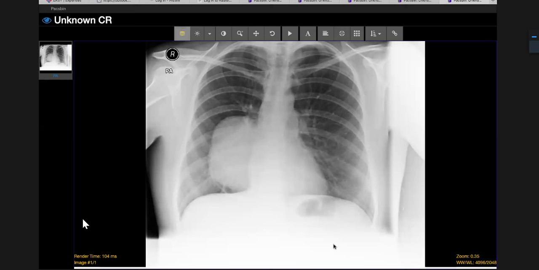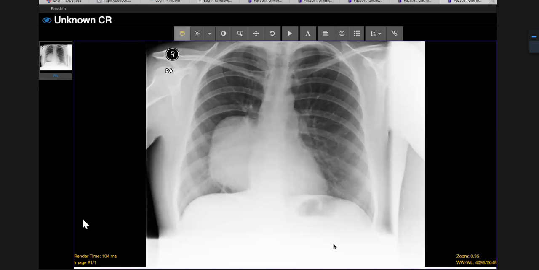About this mass, it looks like it is in the posterior mediastinum, most likely. And I would like to correlate it with any history of the patient and why they had this chest radiograph. It was relating to some shortness of breath the patient had. Right, okay.